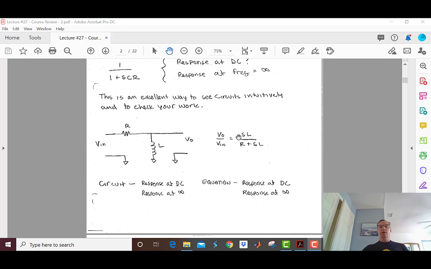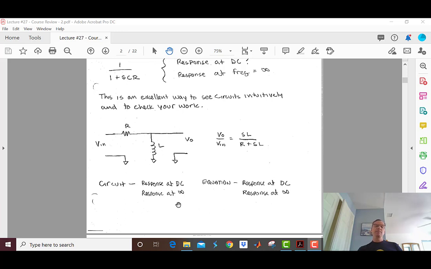Now let's go over to our equation. At DC, I have 0 divided by R plus 0. So I got 0 over something. That gives me 0, which matches here. At infinite hertz, this R is insignificant because my j omega term is going to be so high, it's going to be sL over sL, which gives me 1.